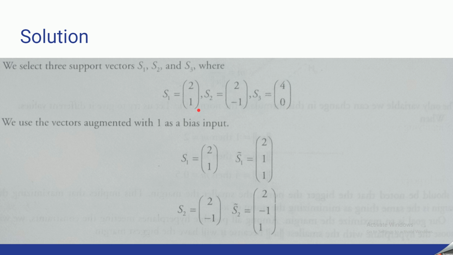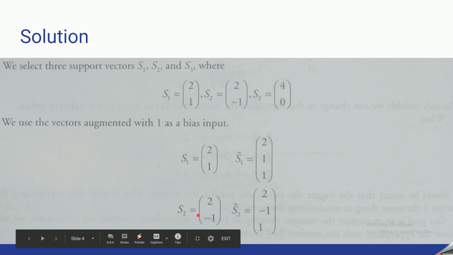Now these vectors are augmented with a value 1, which acts as a bias to the input. So for (2,1), we will be adding a bias. S1 becomes S1 dash, which is nothing but (2,1,1).